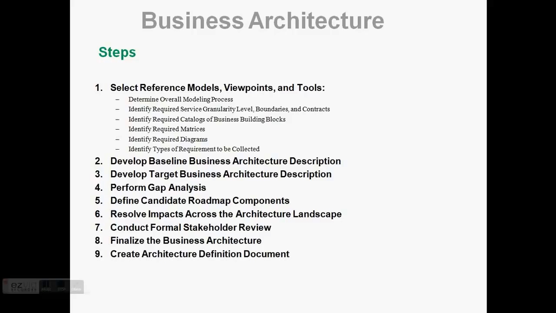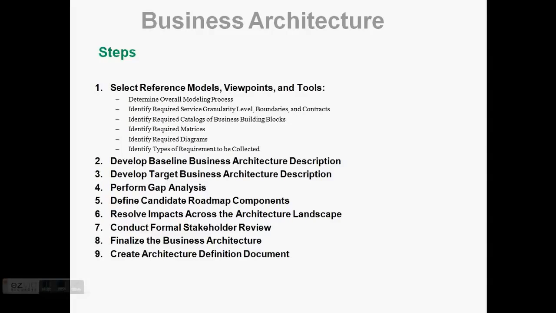And those catalogs we can mention are the organization actor catalog, drivers, goals, objectives catalog, role catalog, business service or function catalog, location catalog, process, event, control, product catalog, contract and measures catalog.